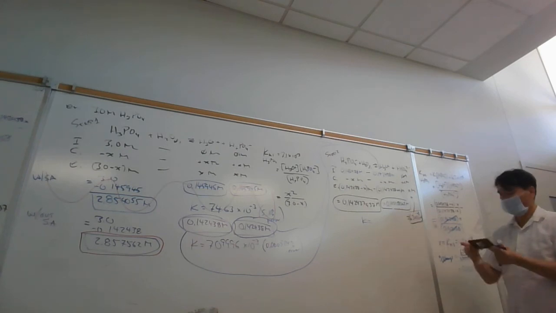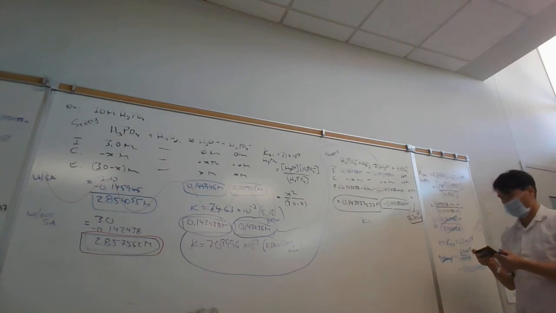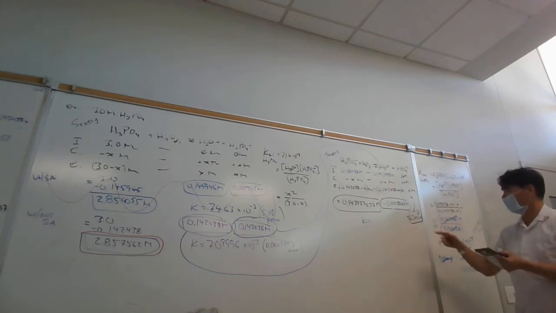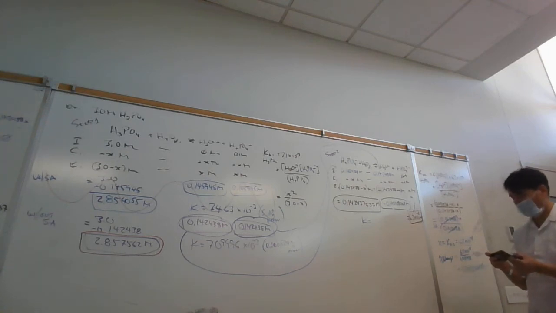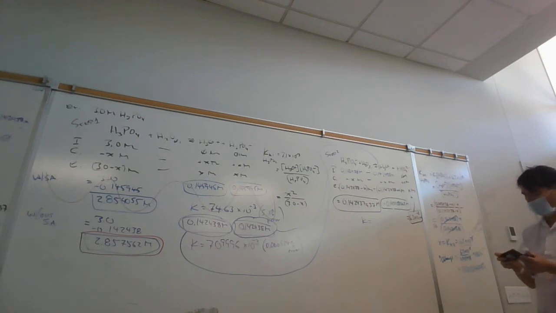So I'm going to go 0.14, 24, 38063 times 6.3 times 10 to the minus 8 divided by 0.142437937.